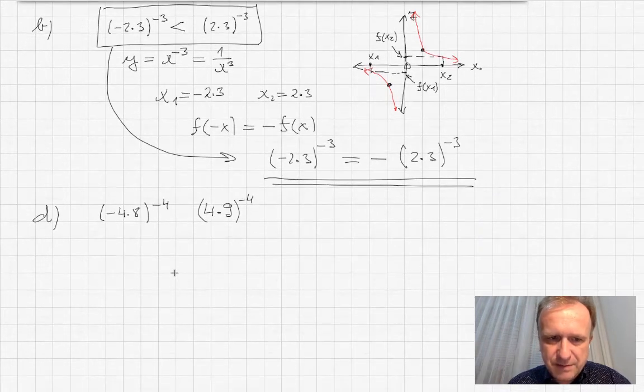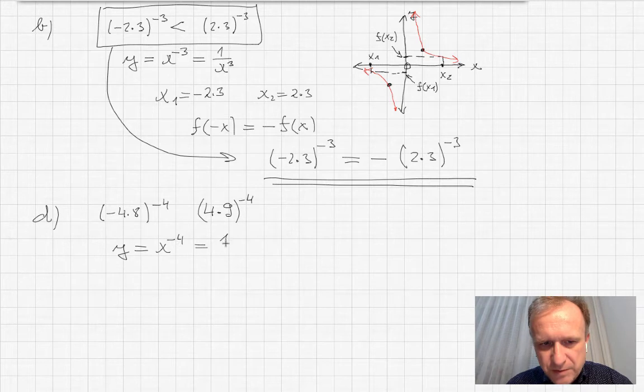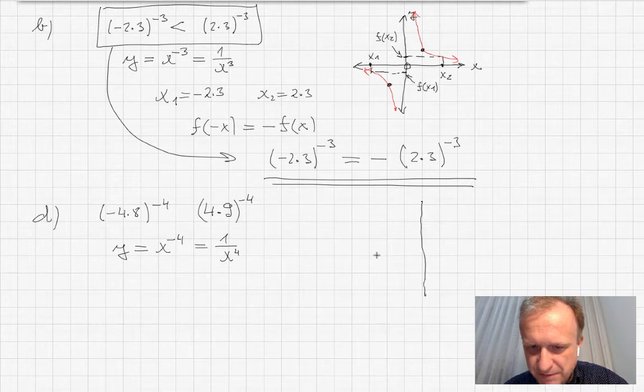So these are both function values of the function y equals x to the power of negative 4, or you may imagine 1 over x to the power of 4. It's the same. This function has an even exponent. So if I sketch its graph, I know something about it from the prior theory.